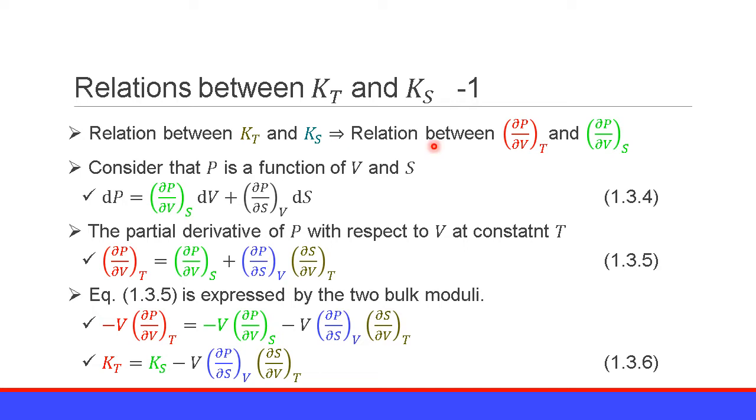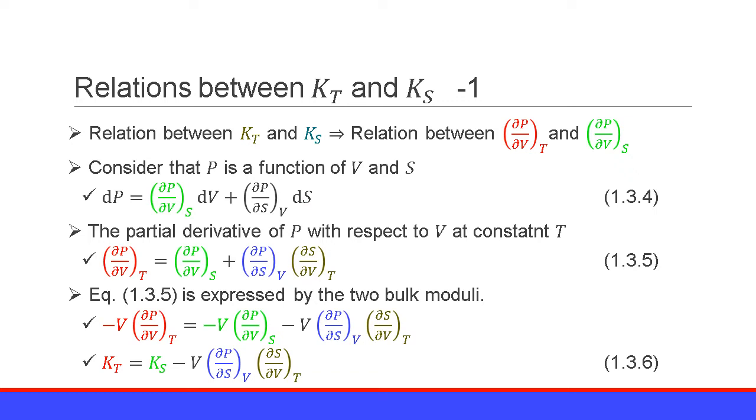Obviously, this is the relation between the partial derivative of pressure with respect to the volume V at constant temperature and that at constant entropy S. Let us consider that the pressure is a function of the volume V and the entropy S. Then the total differential of the pressure P is equal to the partial derivative of pressure P with respect to the volume V at constant entropy S times dV, plus the partial derivative of the pressure P with respect to entropy S at constant volume times dS.